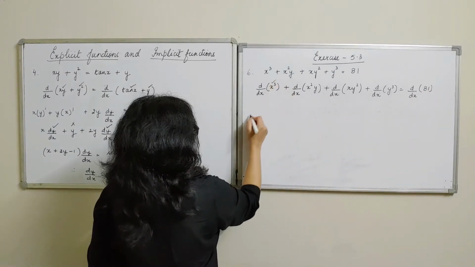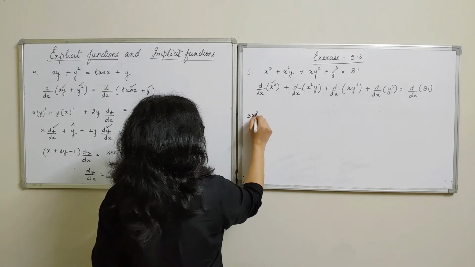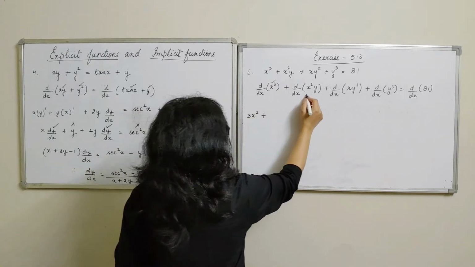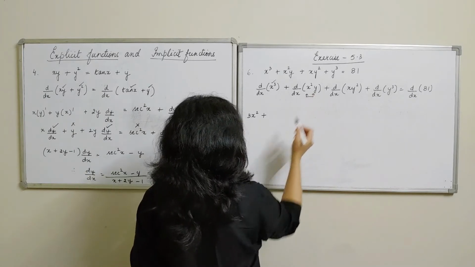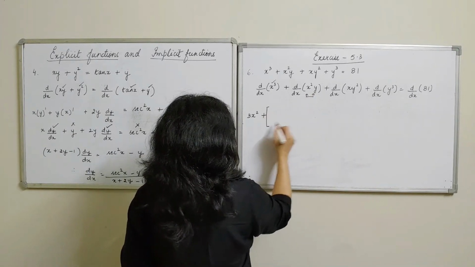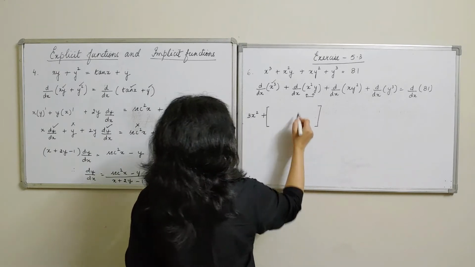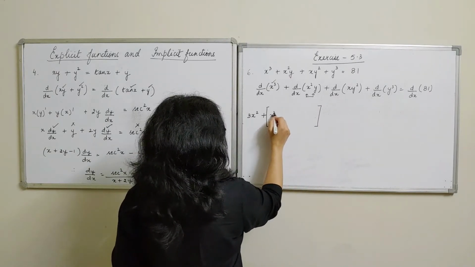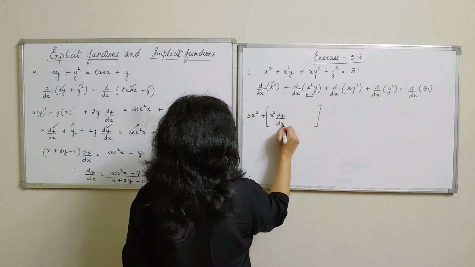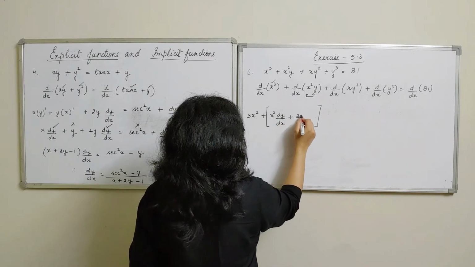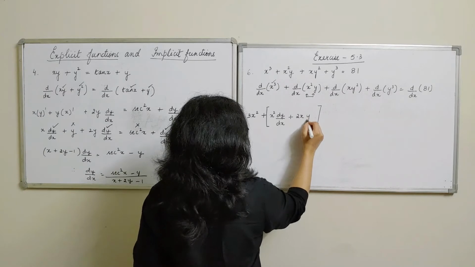This derivative is simple, 3x square plus, over here we are going to use the product rule because it is a product of x square and y. So putting the result in brackets, writing down the derivative: x square into dy by dx plus derivative of x square, which is 2x, into y.